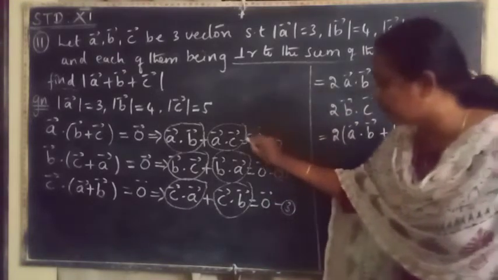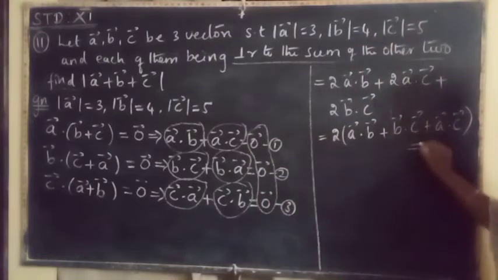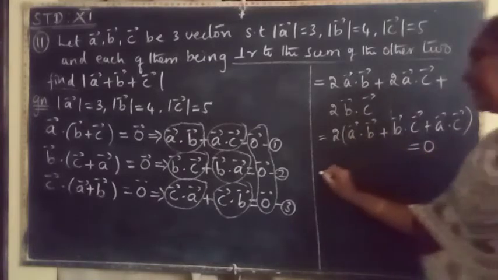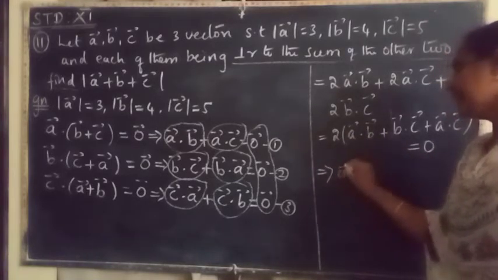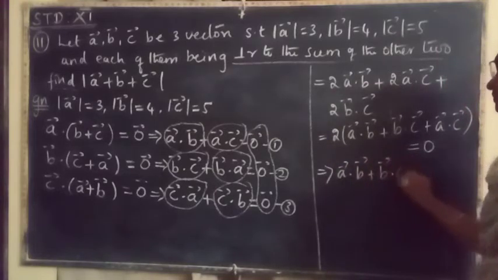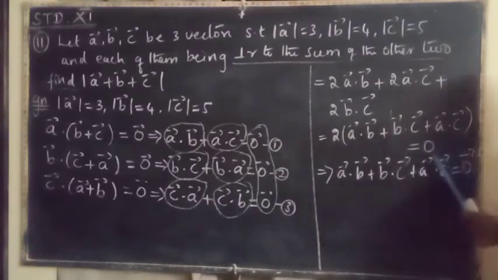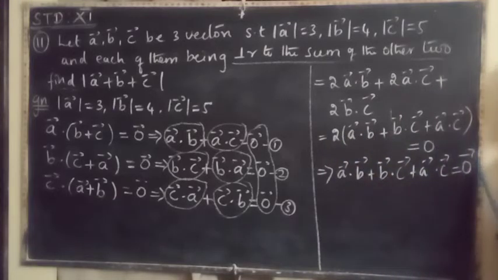All are equal to what? 0. So this value is equal to 0. From this, can I demand A dot B plus B dot C plus A dot C is equal to 0? Because 0 divided by 2 will become again 0.